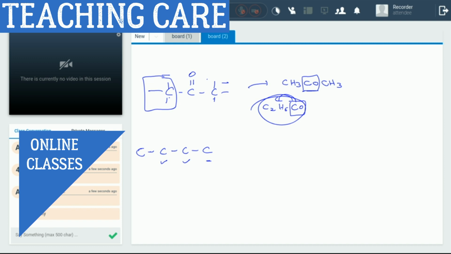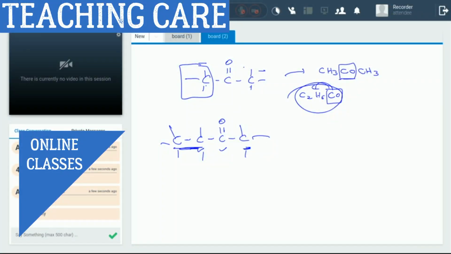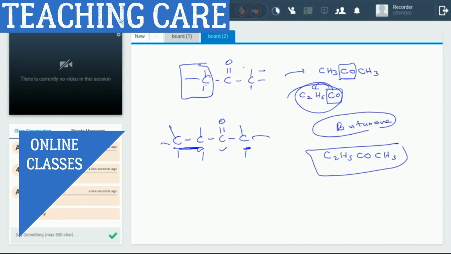So always leave the first position and make a ketone this side. Always leave one position. So what is the formula of that now? You will say it is C2H5, CO and CH3. It is known as butanol. Why? Because it is 4. Are you getting that?